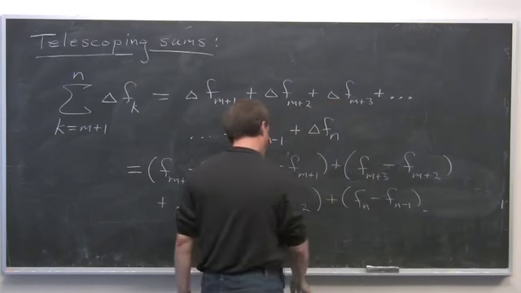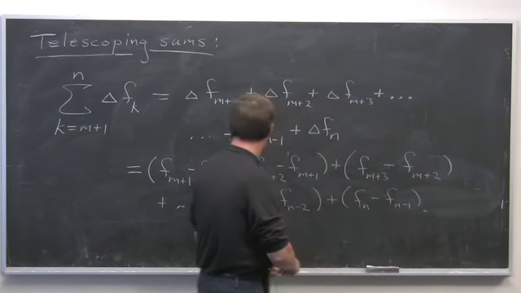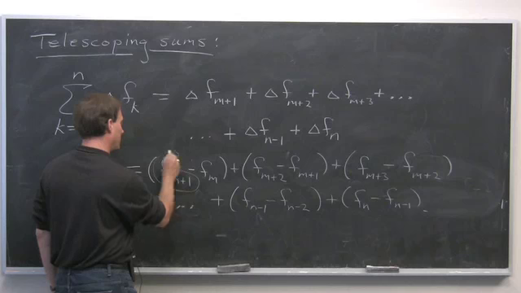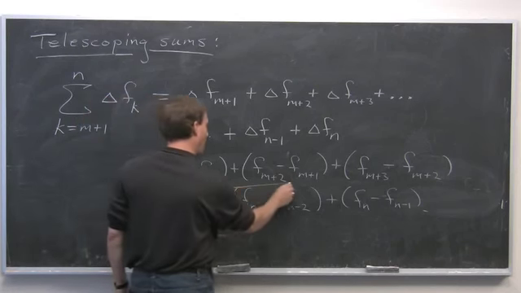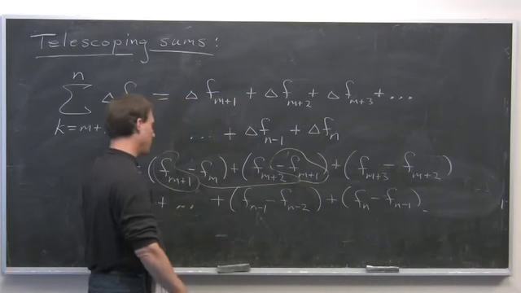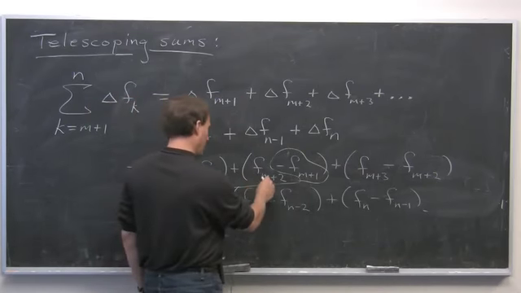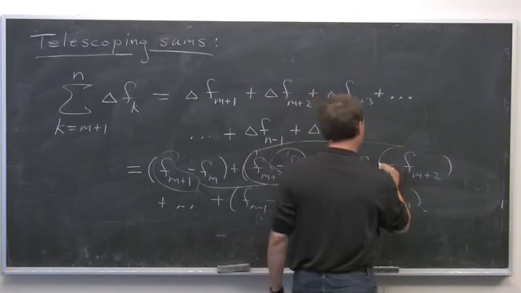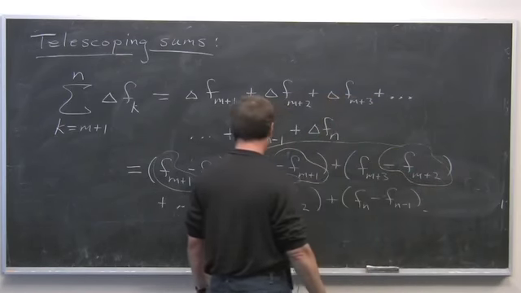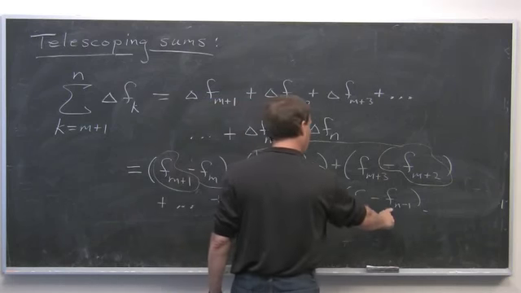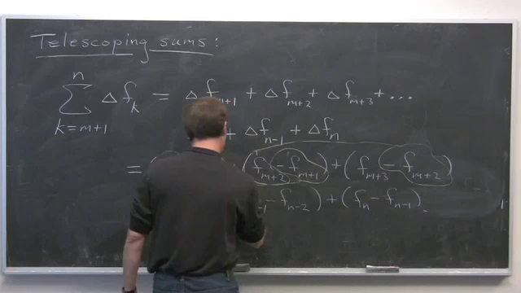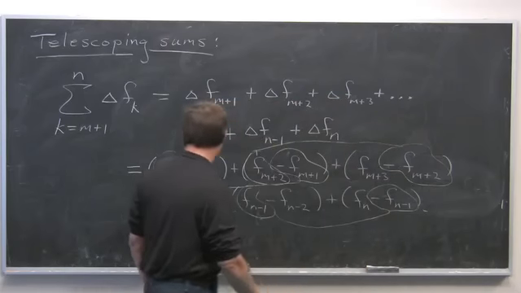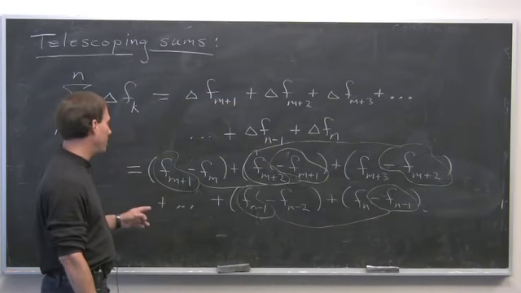Okay, what happens? Why is this nice? Well, it's nice because here's f sub m plus 1, here's minus f sub m plus 1. Here's f sub m plus 2, here's minus f sub m plus 2. Going down to the other end, here's f sub n minus 1 subtracted, but here's f sub n minus 1 added. So all of these terms cancel out in pairs.